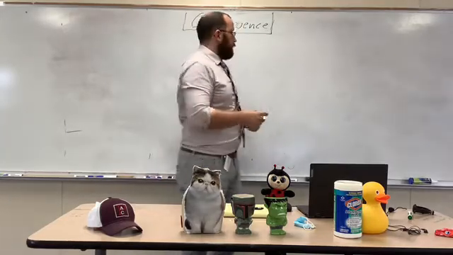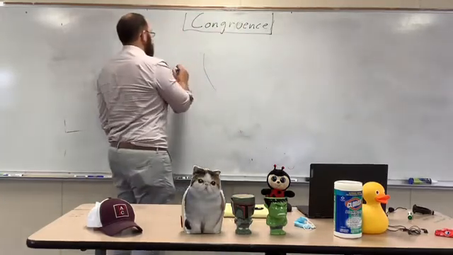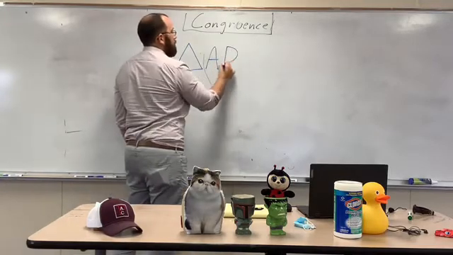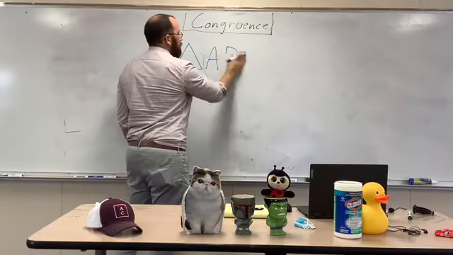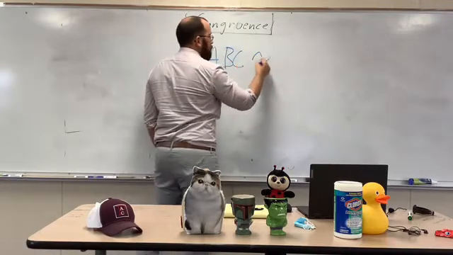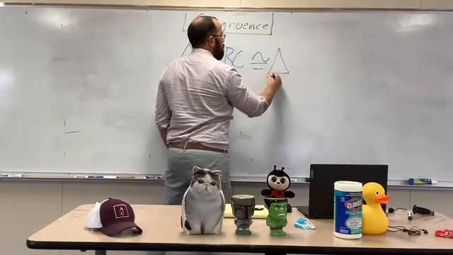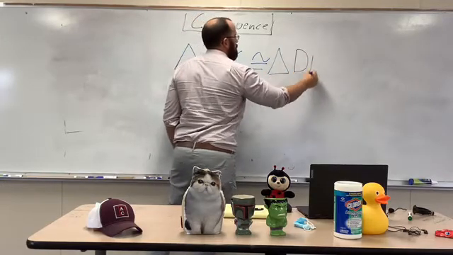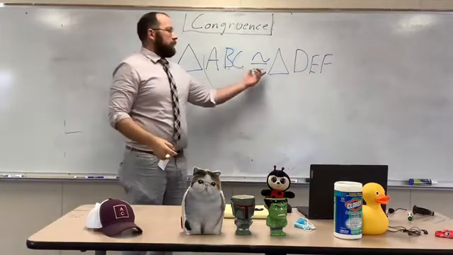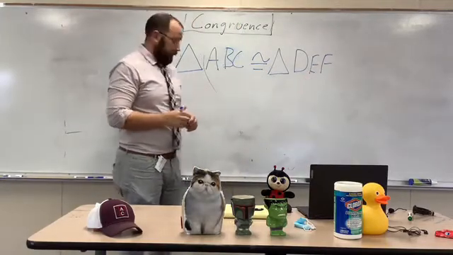So if I say triangle ABC is congruent to triangle DEF, this little sign in the middle means congruent.